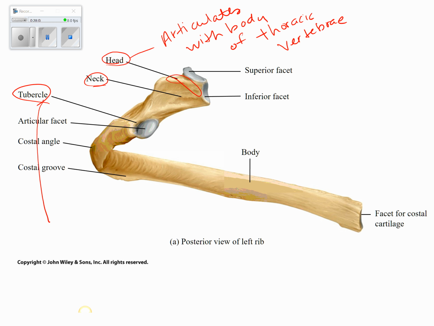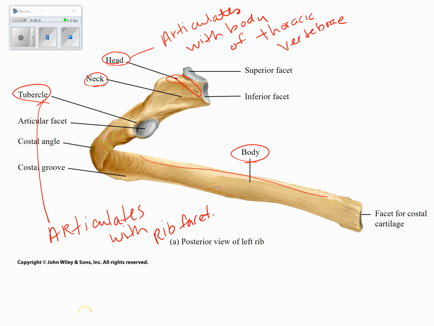The tubercle, remember, articulates with the rib facet on the thoracic vertebra. The neck of the rib just provides support. And the rest of it is considered the body.